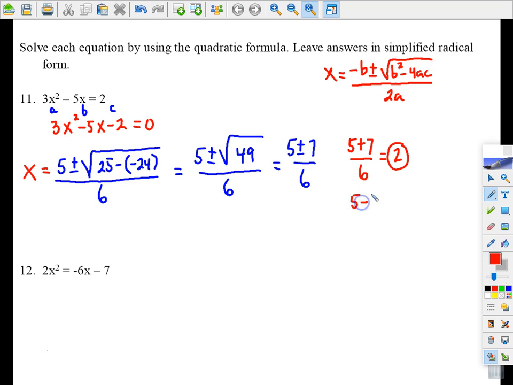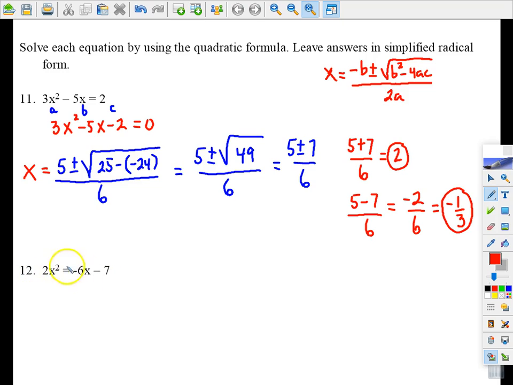Let's do 5 minus 7 over 6. And when you do 5 minus 7, of course, that's negative 2 over 6, which gives you negative 1/3 when you reduce. So again, just keep in mind when you solve a quadratic equation, you're coming up with two solutions because that's the degree. And the two solutions in this case will be 2 and negative 1/3.